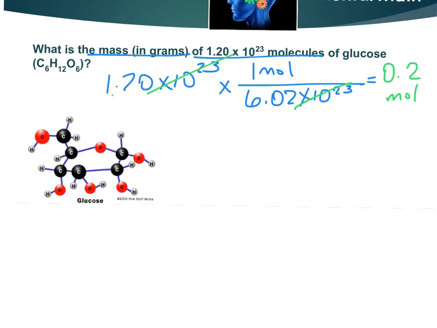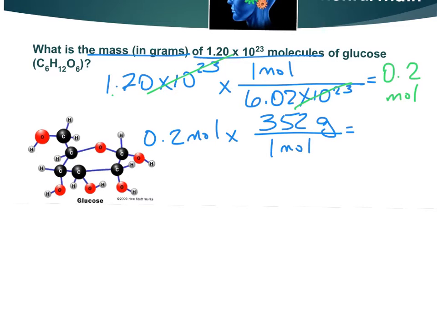Okay, and so then we're going to take our 0.2 moles of glucose as our new given, and we want to know that in grams. So we know that for every 1 mole of glucose, there are 352 grams of that. And again, you can kind of do 2 times that number. 2 times 35 is 70.